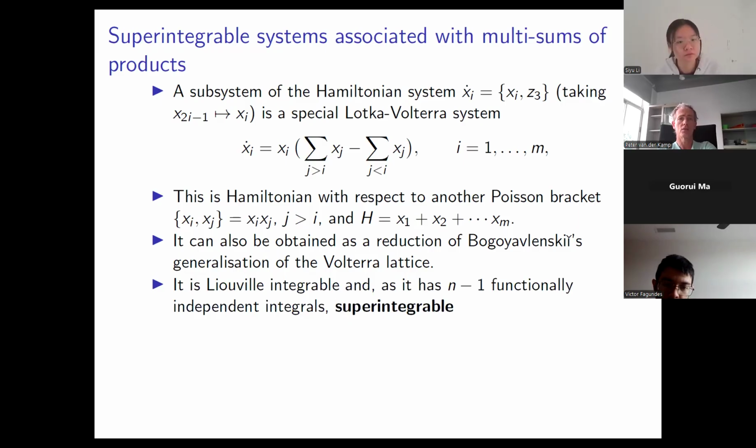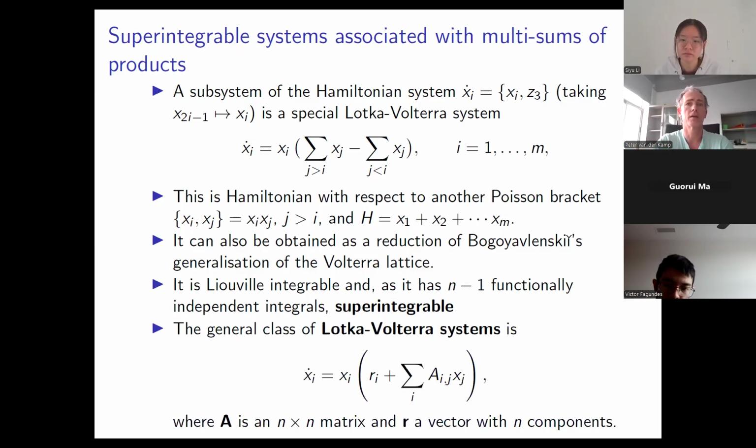So this is also Liouville integrable, because we have all these integrals, and it is also superintegrable. So it's a very special system with lots of structures. In fact, too many structures. So it's too special a case. But here's the general class.